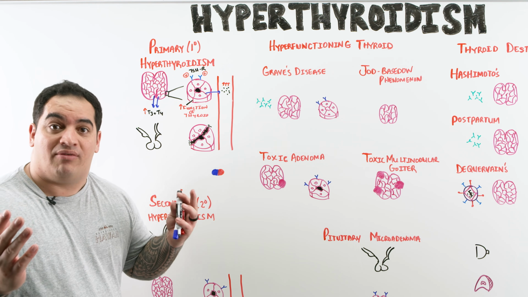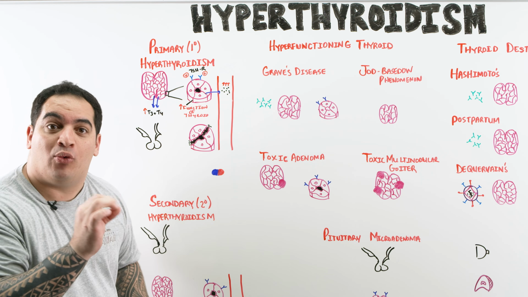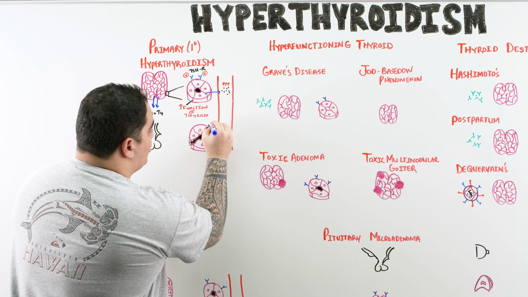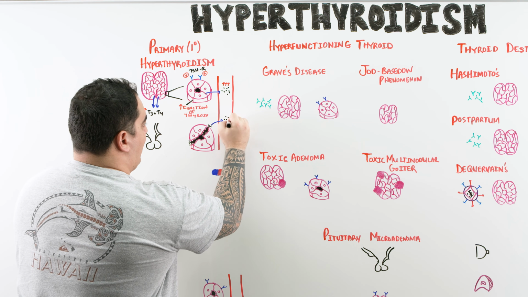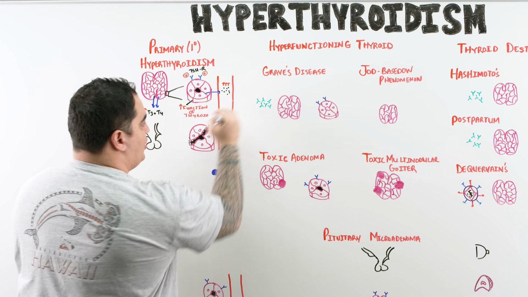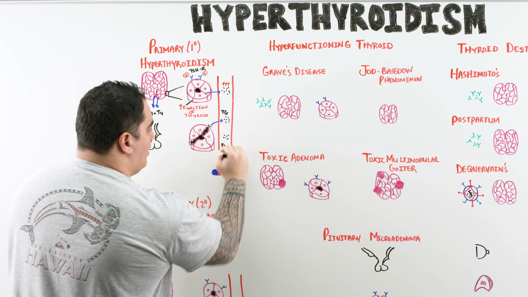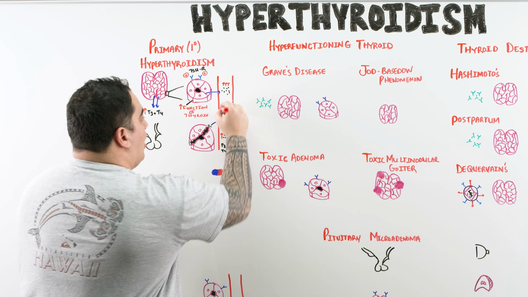If you bust open the follicles, this thyroglobulin and thyroid hormone will be released into the bloodstream. So now I can release two components here. We'll write down both of these: thyroglobulin, which I'm going to represent as TG, and T3 and T4. So now I can have increased levels of both of these.